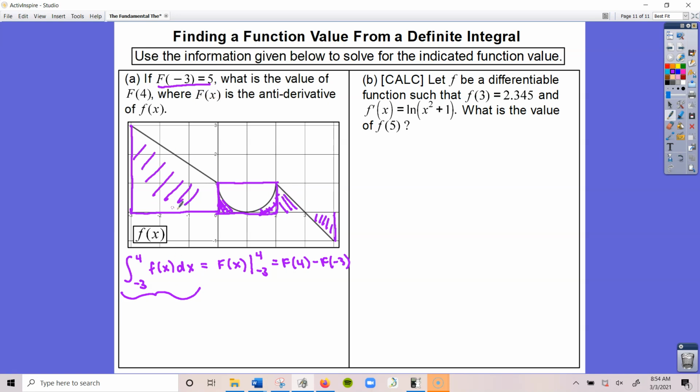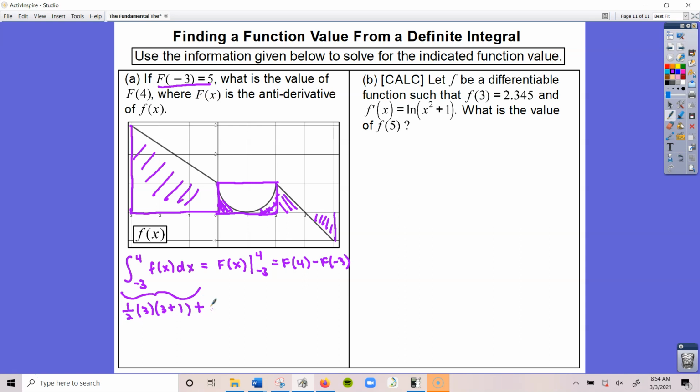So let's see if we can calculate the area. We have the trapezoid, which is 1/2 times the height, which is this one here, so 3, times base 1, which is 3, plus base 2, which is 1.